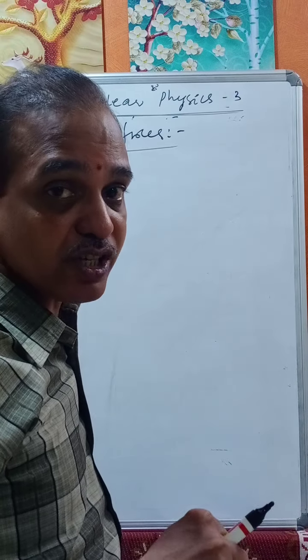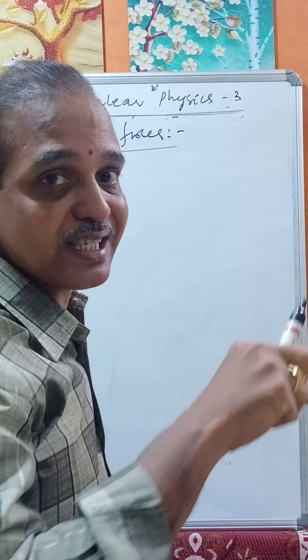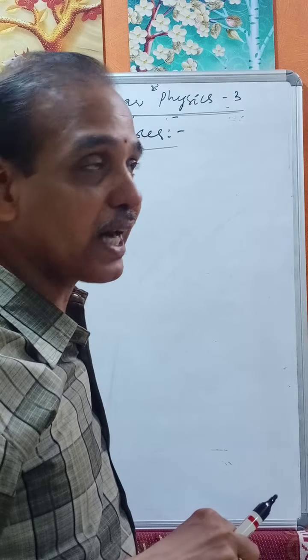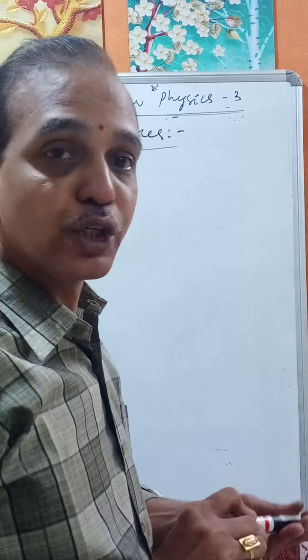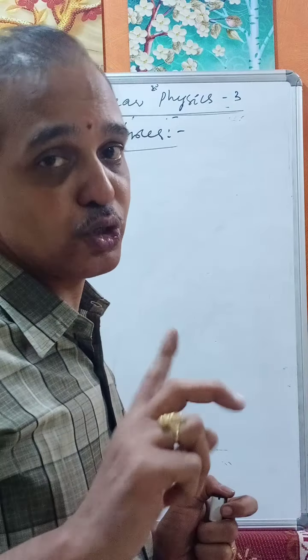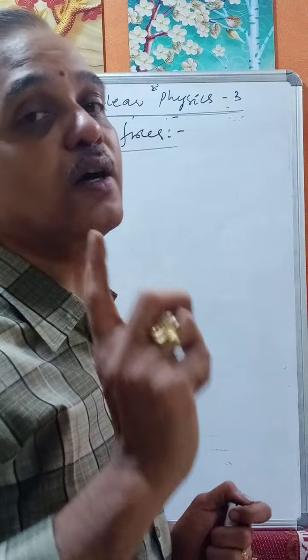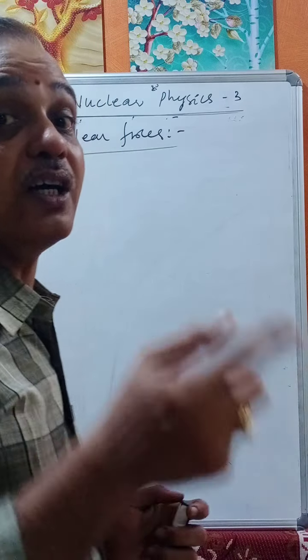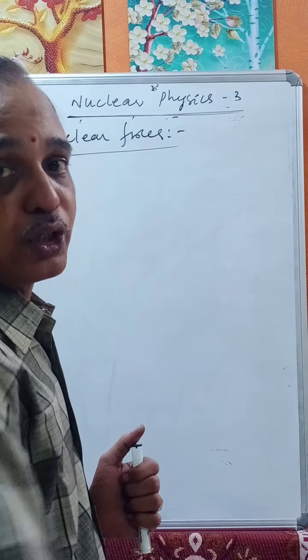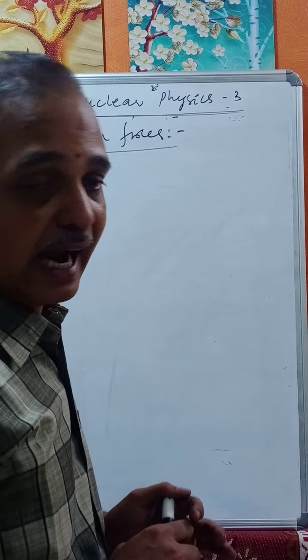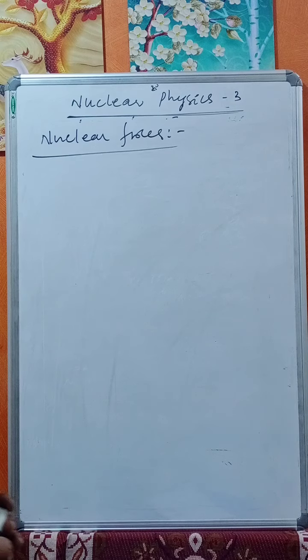It is the binding force that keeps the nucleus stable. So nuclear force exists between the nucleons: neutron-neutron, neutron-proton, proton-proton. These are the forces between the nucleons, called nuclear forces, which bind the nucleus to form a stable atom.